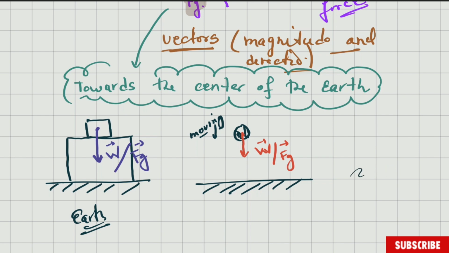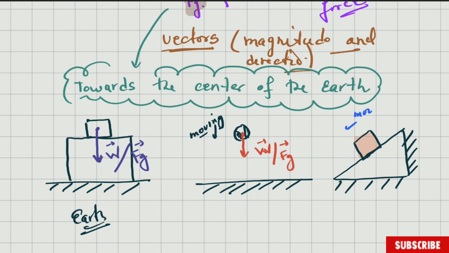Let's see the final scenario. Let's say we have an inclined plane, for example a child sliding down, or a box sliding down from one place to another. This box is moving down the slide, so it's moving in this direction.